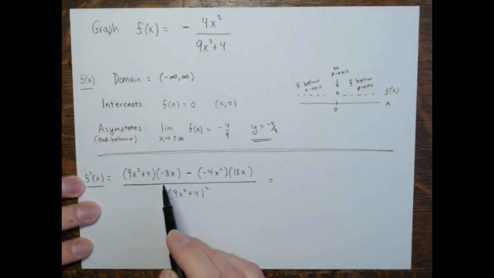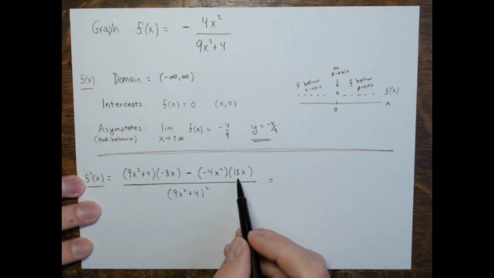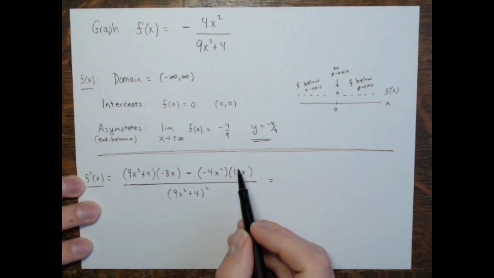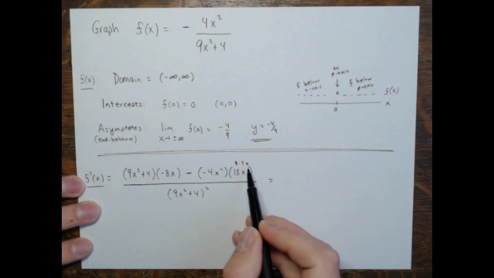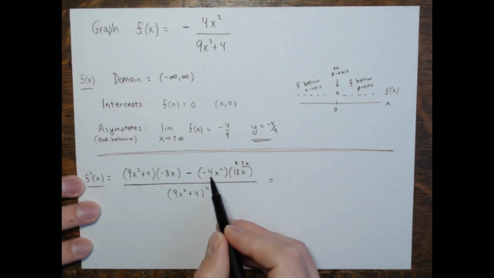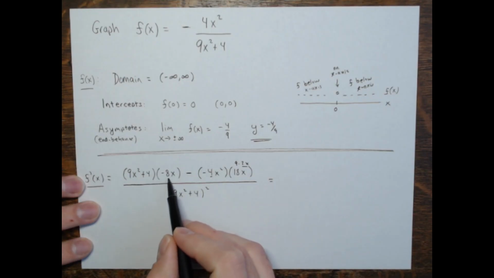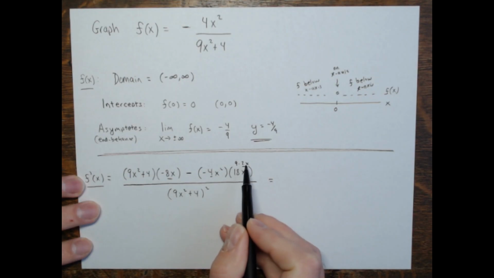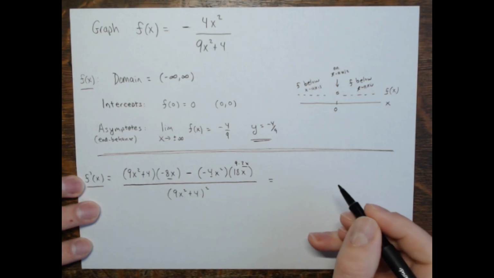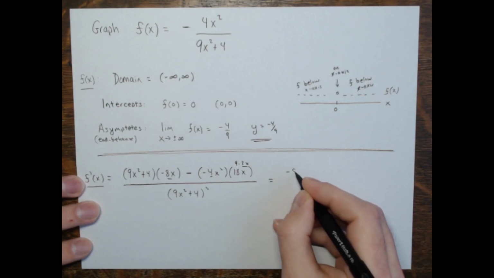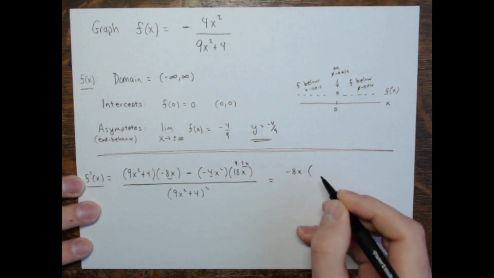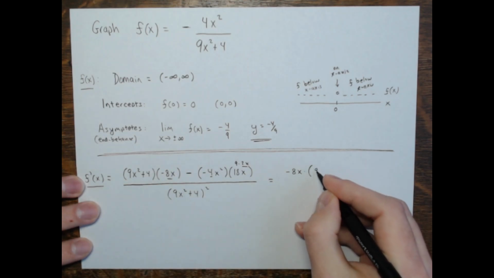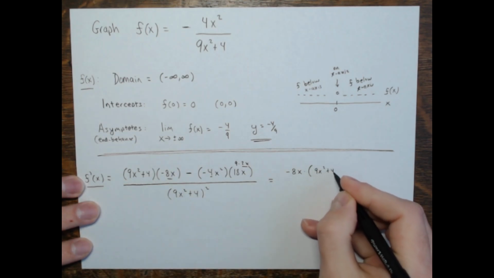So up top here, this is 9 times 2x. So this has 2x and 4. They both have this negative 8x factor in common. So I'm going to factor that out. Negative 8x times, and if I pull that out, what's left over would be 9x squared plus 4.